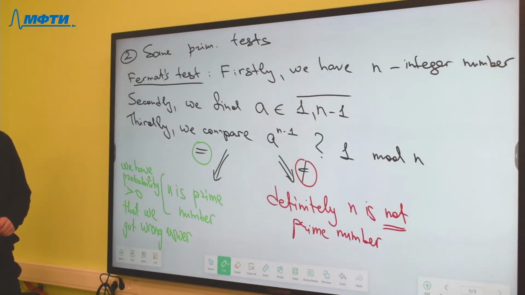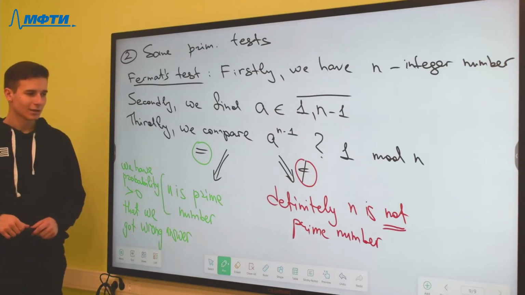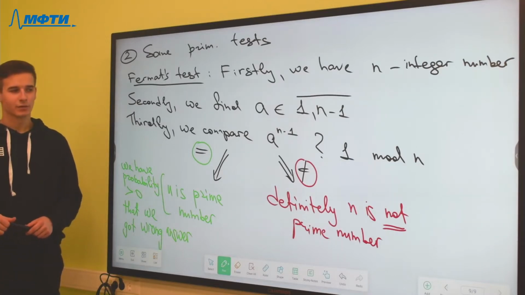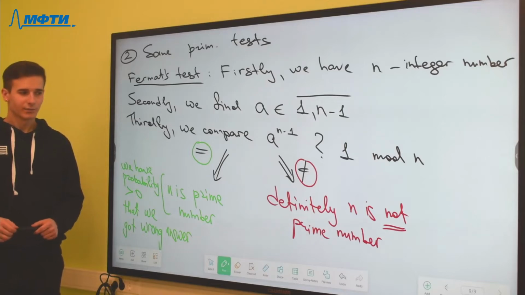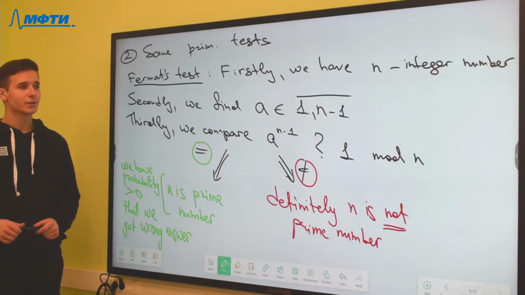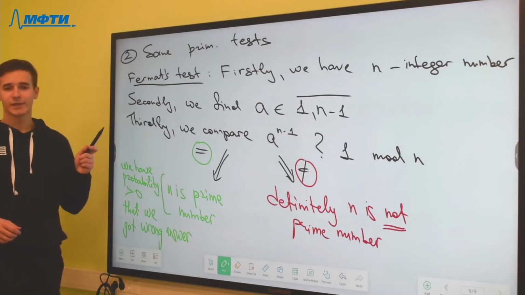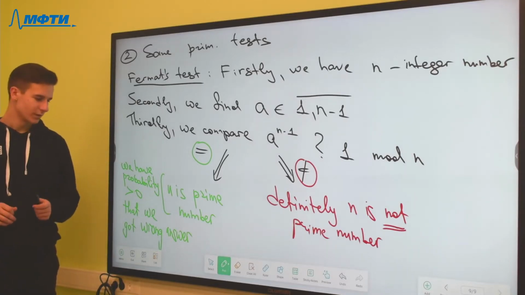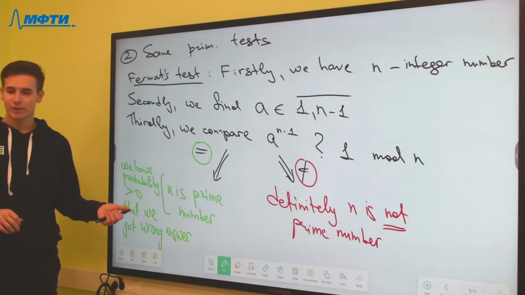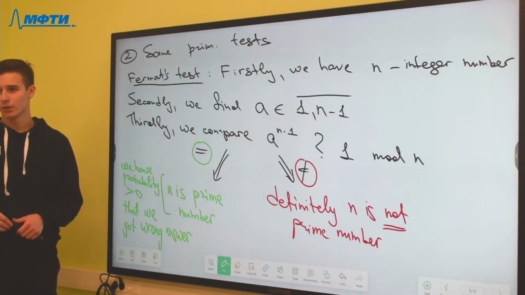So of course, in most cases we have a right answer here, but we want to find other tests such that we get a wrong answer in fewer cases.